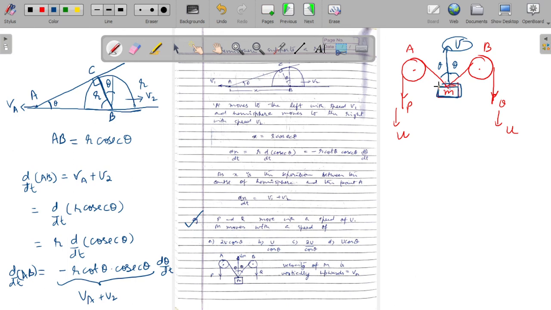So even though the mass is m and its velocity is v, we are not talking about the velocity of m anymore. We are talking about the point on the string which is in contact with the mass m, and since it has to remain in contact with mass m, it would move with the same velocity as mass m, which is going to be v.